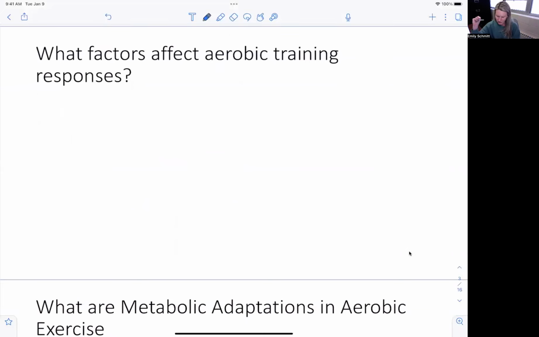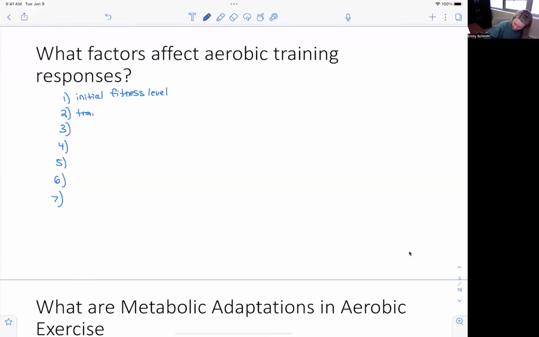So what factors affect aerobic training responses? So there are 7 factors. The first one being your initial fitness level.